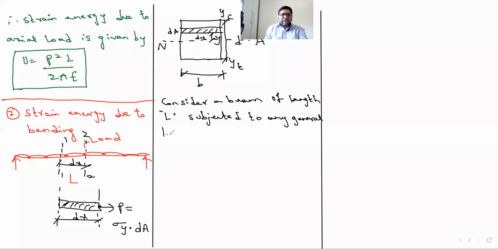I have used the word general because let it be subjected to any load. It need not be UDL. It can be a uniformly varying load. It can also be a point load or a uniformly distributed load. So it can be anything. Okay, so any general loading.